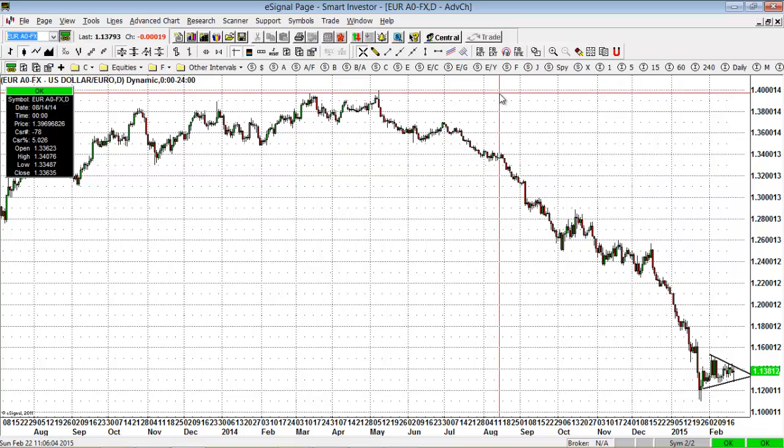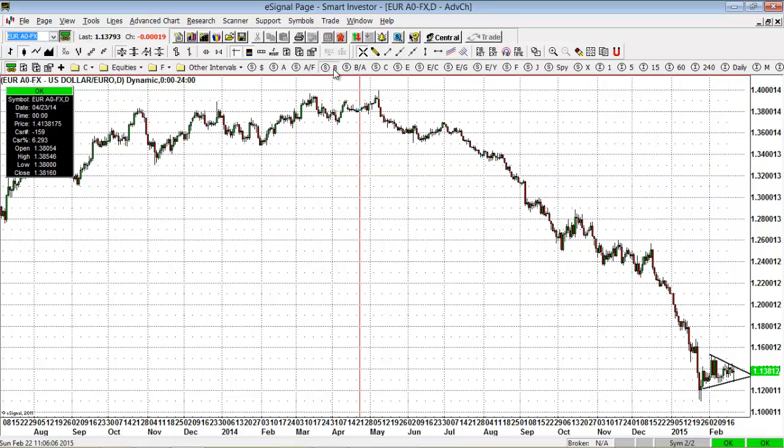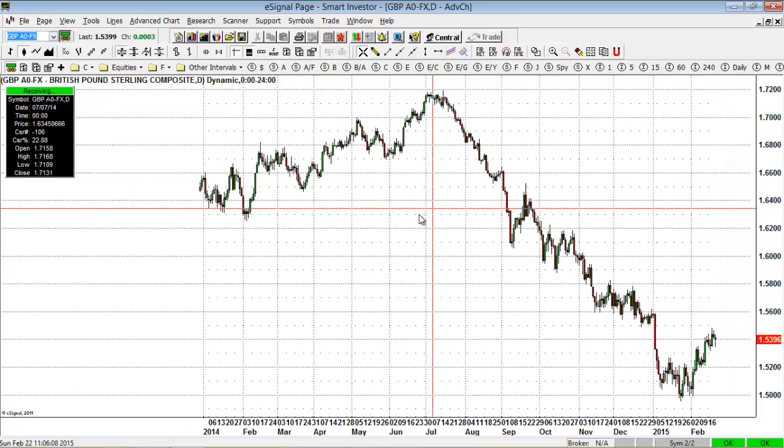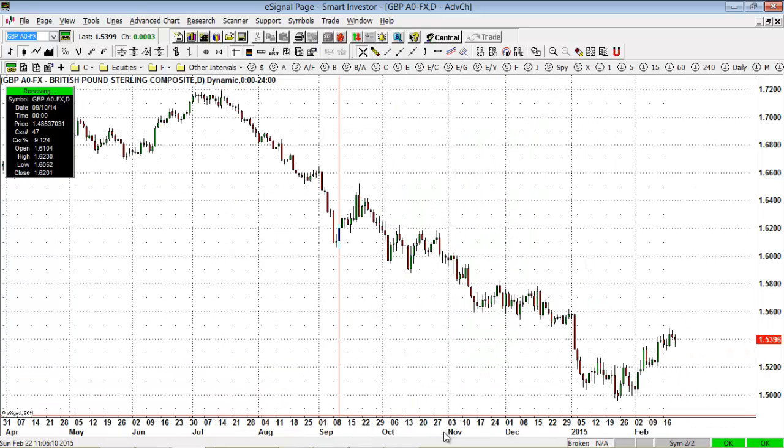Now, looking at the British pound, we see that the market bottomed out near the 150 level and is currently at 153.96. The pound has been performing a bit better against the euro and some of the other currency pairs.